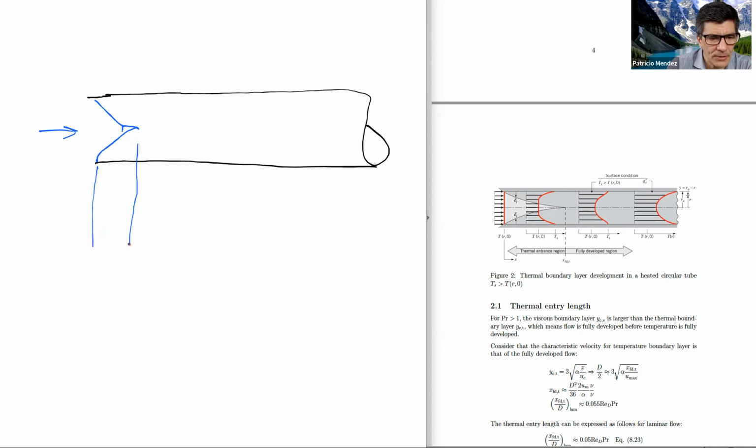And this is what in the notation of the book, that is very awkward, but I decided to stick to it, they call X fully developed, comma, hydrodynamic. Now, we know that for the case of things like oil, the thermal boundary layer is a lot thinner. So the thermal boundary layer would be something like this.